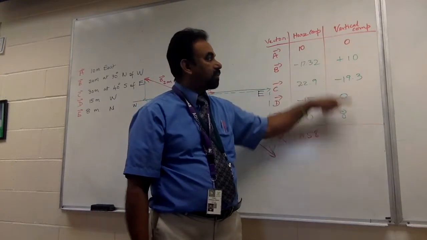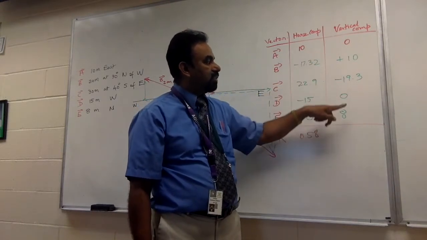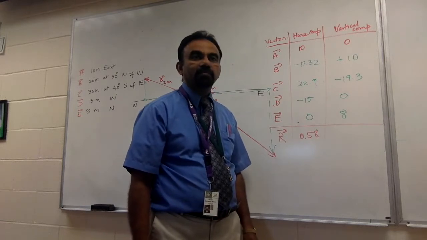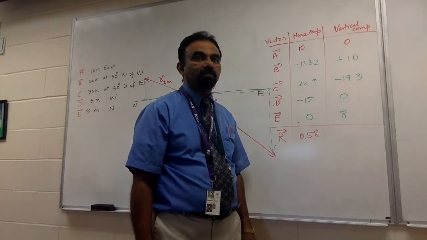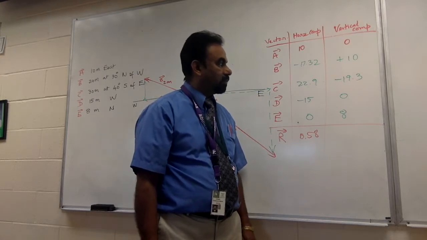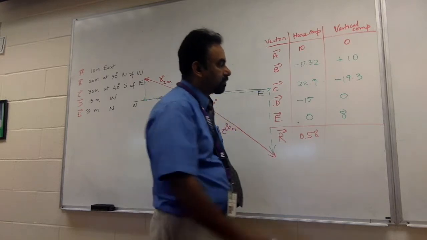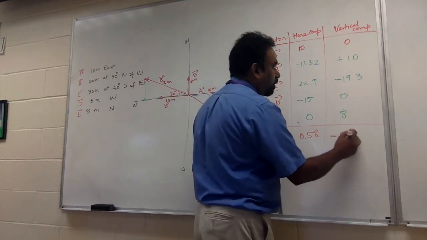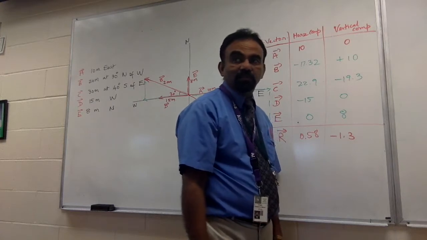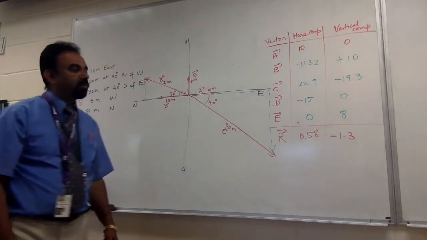Go ahead with this one. 10 minus 19, and then this. How much? Negative 1.3. Exactly? Yes. Okay, negative 1.3.